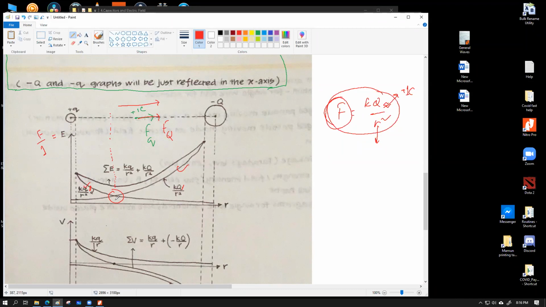No, the maximum point isn't supposed to come, because the force is created from the sum of two individual forces. If you consider this segment of the graph, the amount of increase in the attractive force due to minus q, versus the decrease of the repulsive force from plus q, this decrease is much bigger.